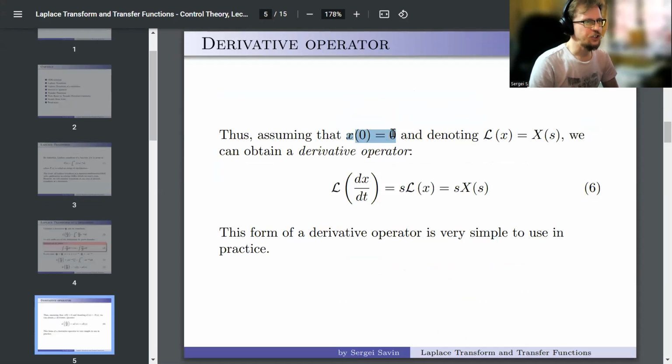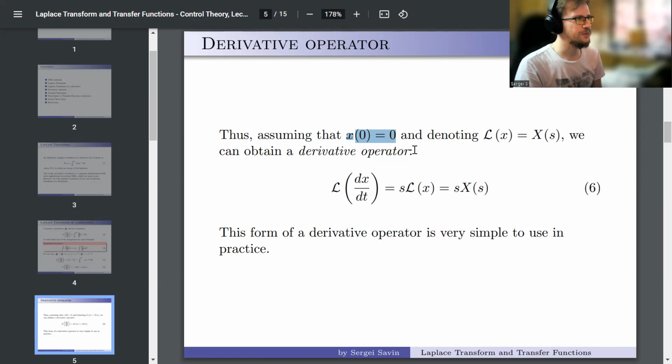First, assuming that x of 0 is 0, which is a strange assumption to make, but the whole Laplace theory depends on this assumption. You have to take this assumption if you're going to use Laplace theory in control, not in differential equations.